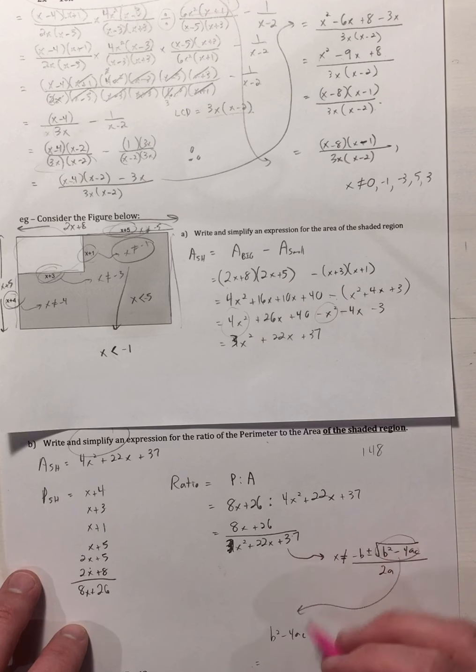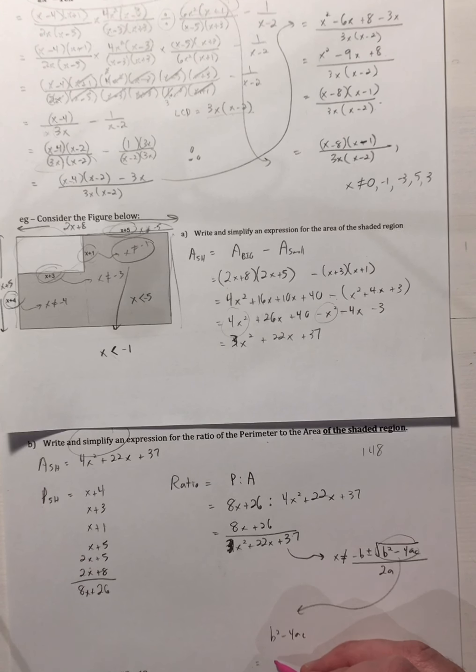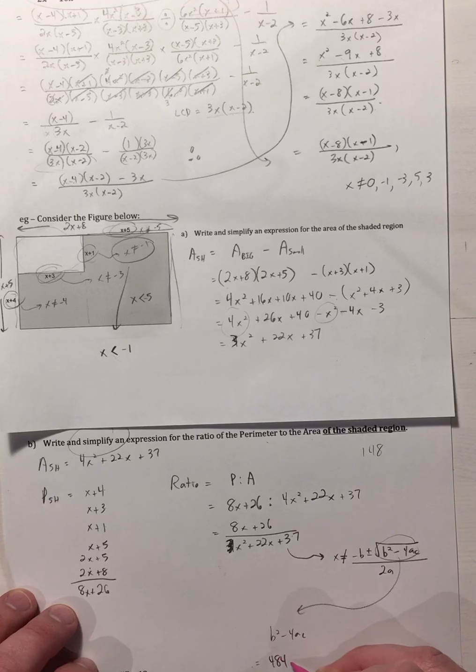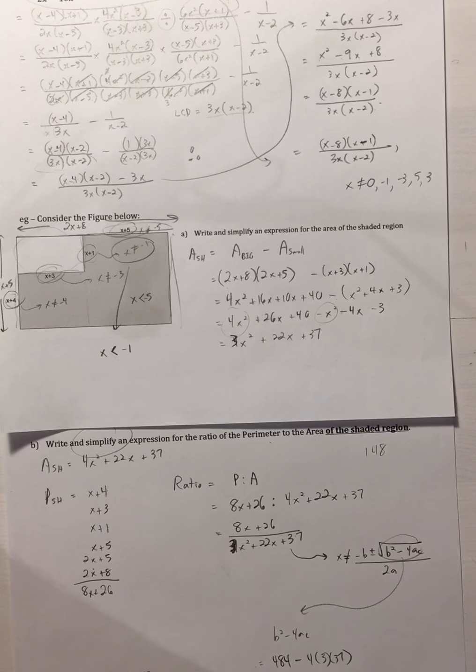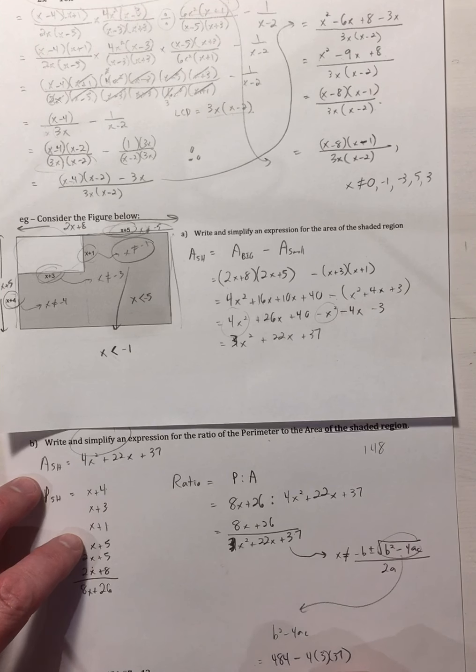In this case, b squared is 22 squared, which is, I think, 441. No, it's not. 484. And then 4 times 3 times 37. Okay, it's 444. So 484 minus 444 leaves me with a 40.